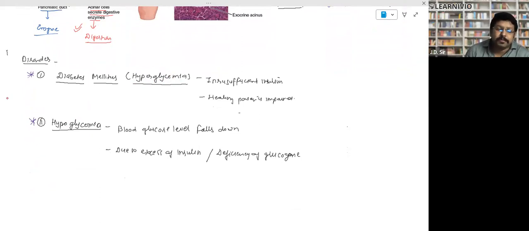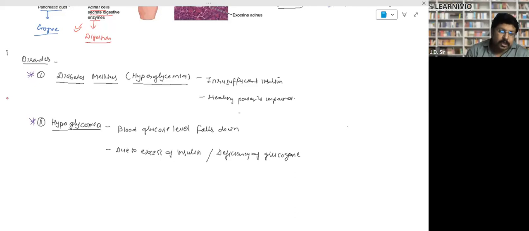This disease is caused by two reasons: either an insufficient amount of insulin is secreted, so the complete glucose is not getting converted into glycogen, or healing power is impaired. You must have seen that when a person wants to go for an operation, the first question any surgeon will ask is: are you diabetic or not?